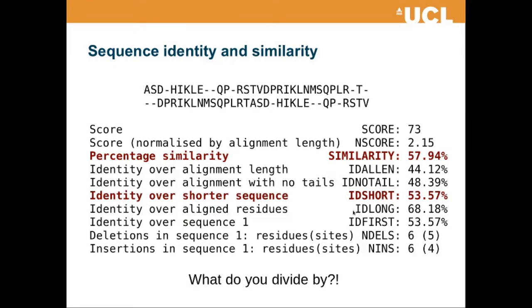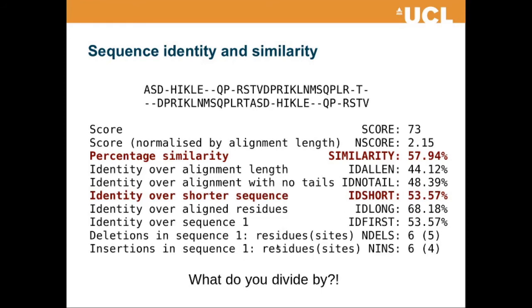You can score over the aligned residues. In other words, you ignore these ones where there's a gap in one of the sequences in calculating the length of the alignment. You can score over just one arbitrary sequence, and that's quite useful when you're doing things like protein modeling, because you want to know what percentage of residues in your target protein that you wish to model are represented by residues in the parent that you're basing the model on.